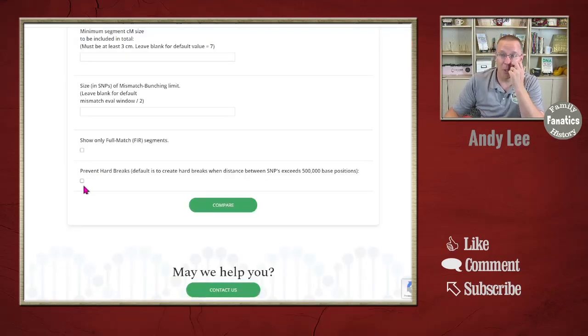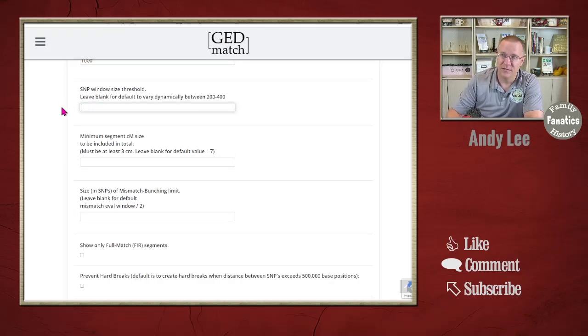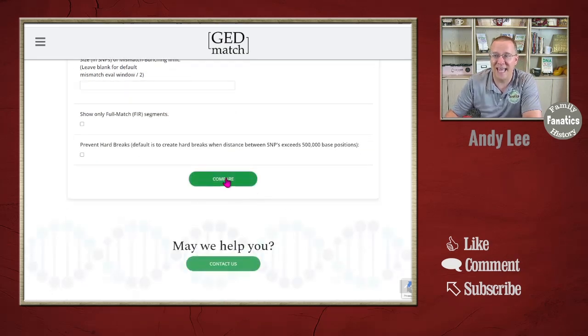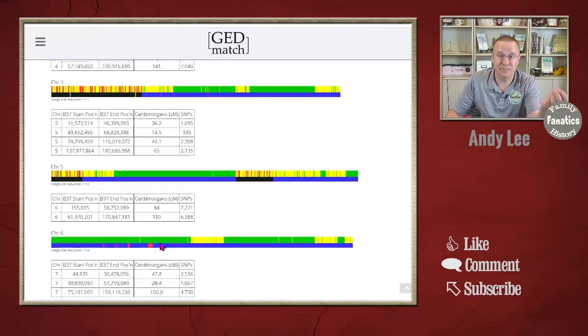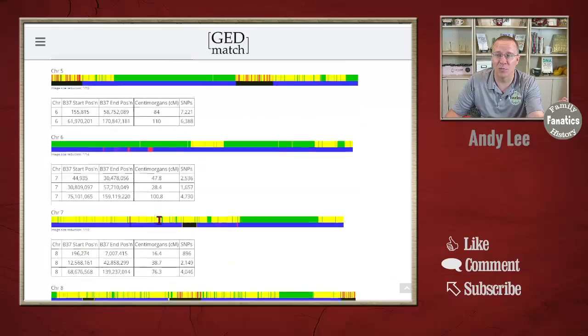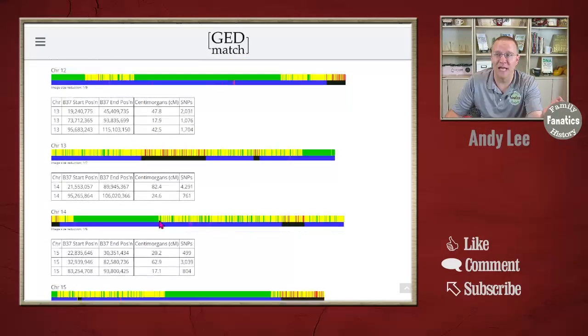Another thing that we can do is change the size of the segment. In this case, its default is 7. Let's say I want to go up to 10. Some of those smaller segments are going to go away. You'll notice now on the tables here, none of these segments are below 10, when I may have had a couple of these segments that were below 10 before.